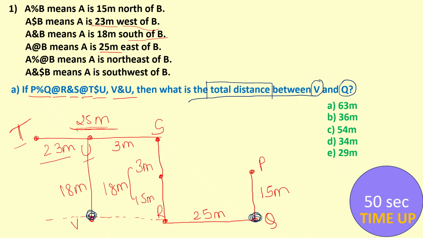So total distance will be, if you travel here, 18 meters, correct? Then 2 meters. By mistake I have written here 3 meters, it should be 2 meters. 23 meters plus 2 meters will be how much? 25 meters.